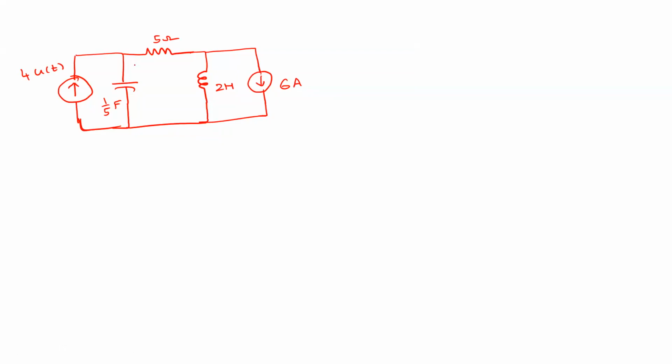Assume this is the voltage across the resistor VR, this is the voltage across the capacitor VC, and this is the voltage across the inductor VL. This is IL, the current through the inductor, IC the current through the capacitor, and IR the current through the resistor, right?